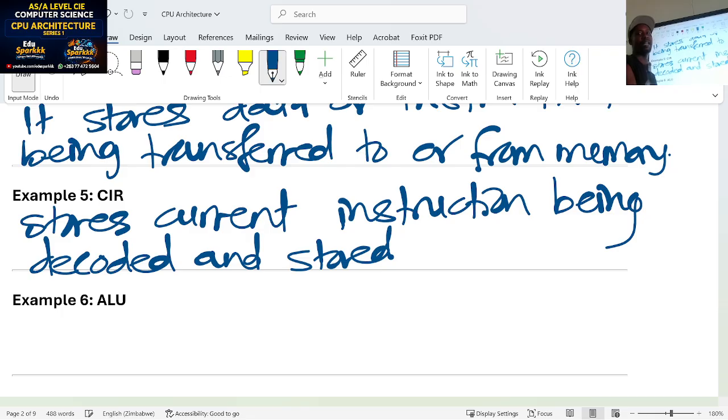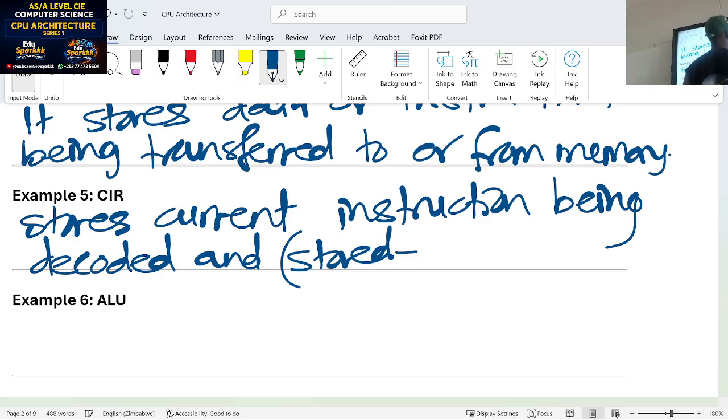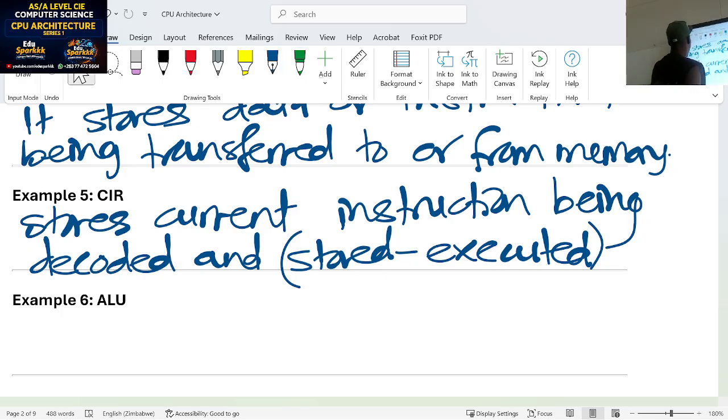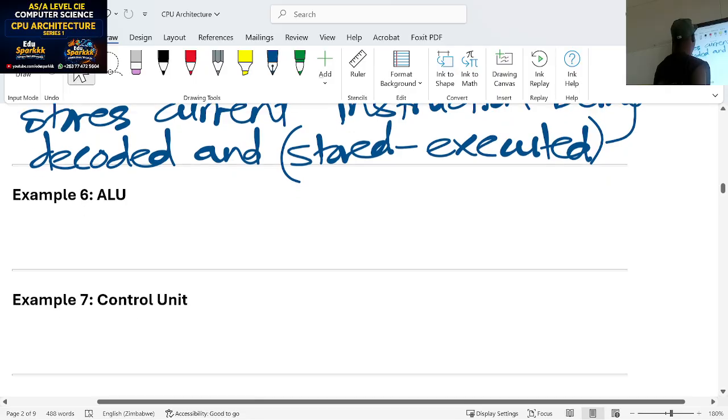It stores the current instruction being decoded and actually in the process of being prepared to be executed. So that's the current instruction register.